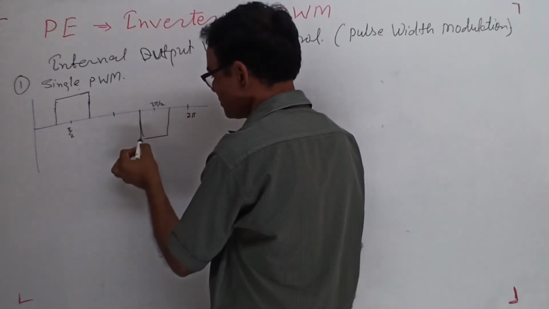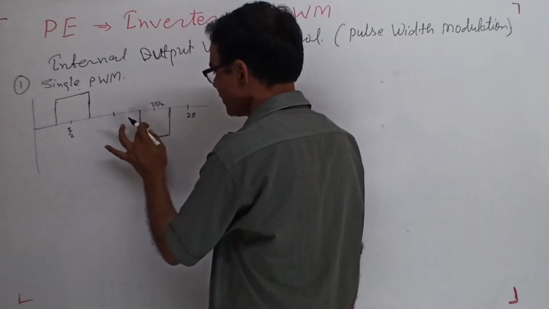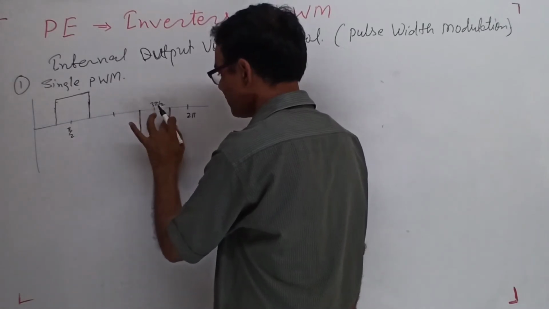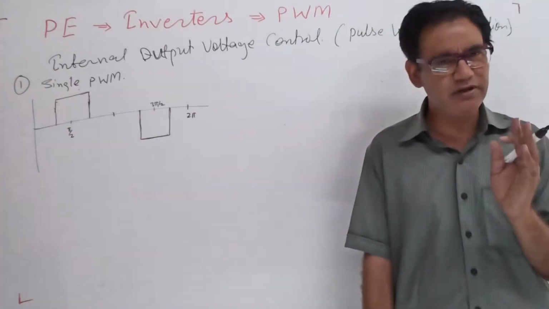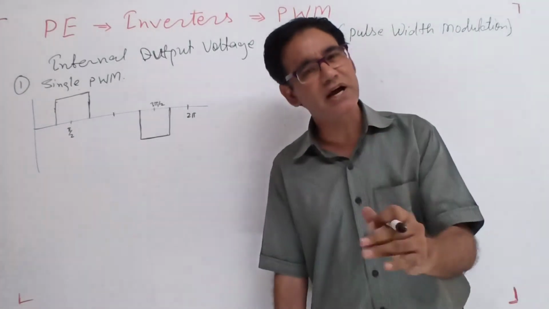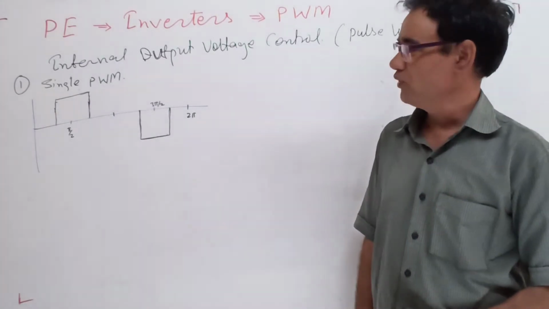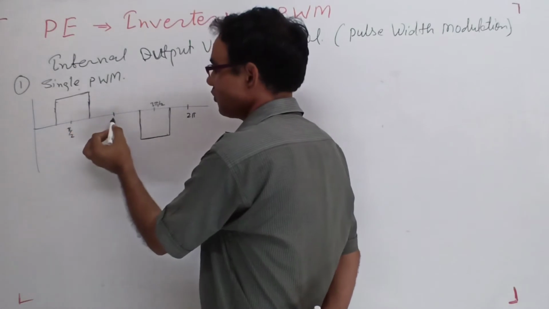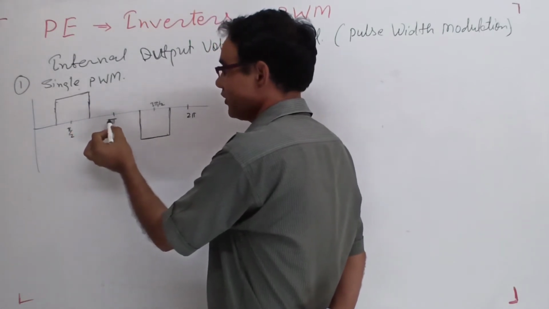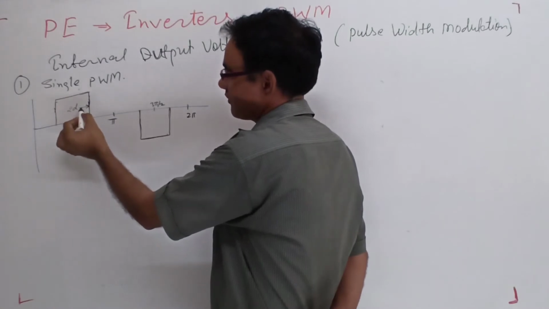You know that in inverters there is positive as well as negative, and it is symmetrical about the zero axis, with the same positive and negative. Therefore, the average value is always 0. The pulse width for the pi interval we are taking as 2d, not 2 pi. This pulse width is 2d for the pi interval.